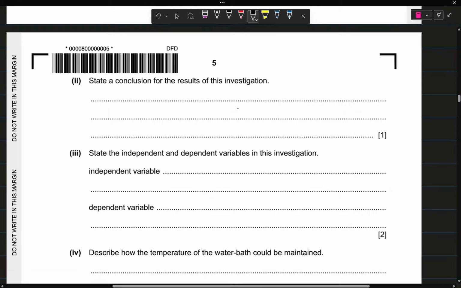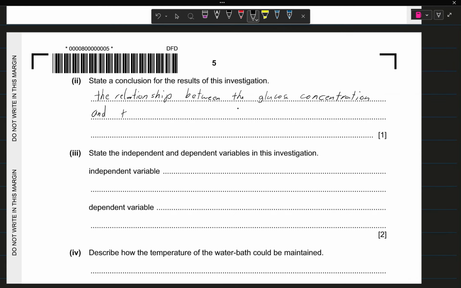So the relationship between the glucose concentration and the height of the yeast solution is directly proportional, which means that if one increases, the other would respectively increase as well.